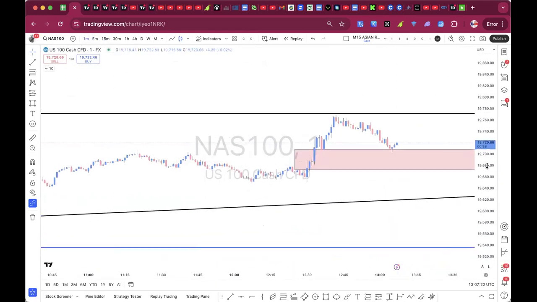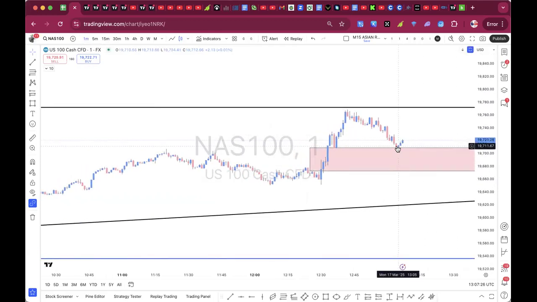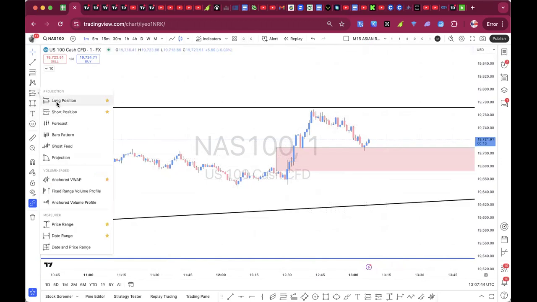Look at it in 1 minute. So remember, we wanted to mitigate this fair value gap. Assuming I want to trade now, what I will do is very simple.